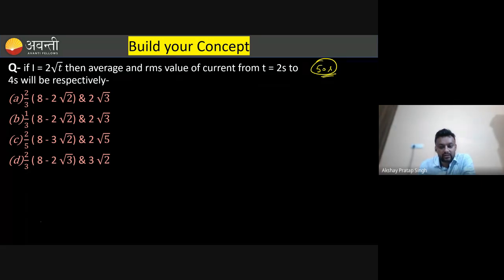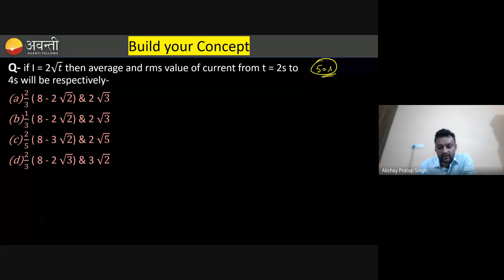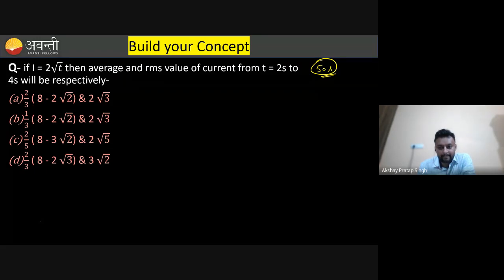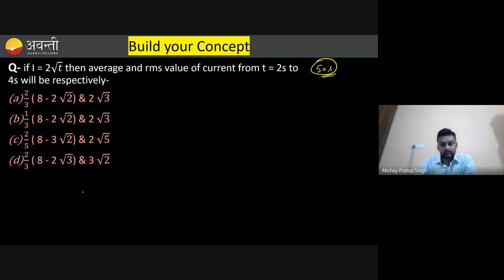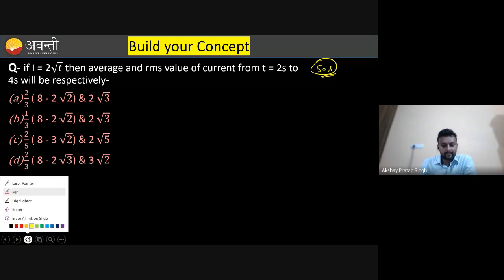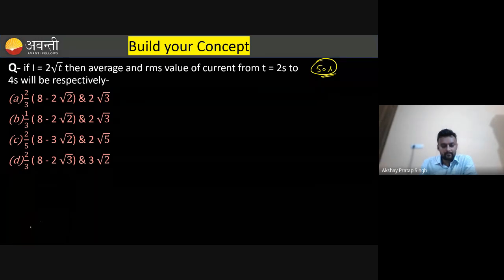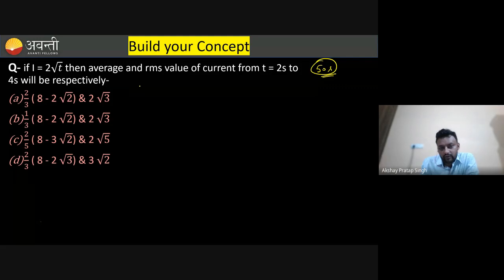Is 2 root 3 the average value or RMS value? First of all, we will calculate the average value, average current. Okay, look at that.